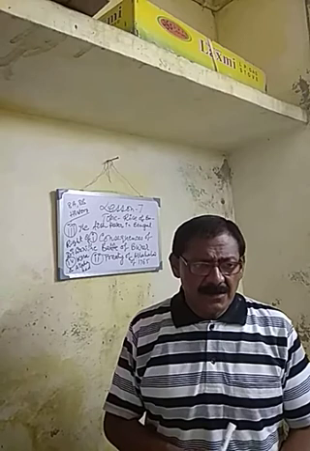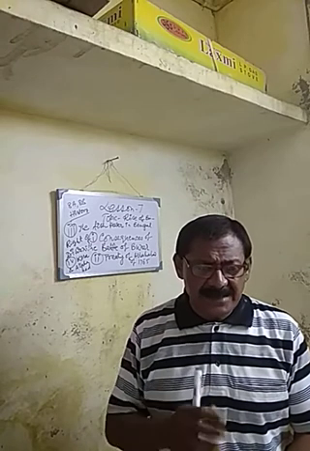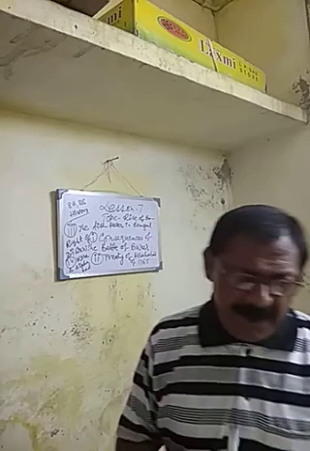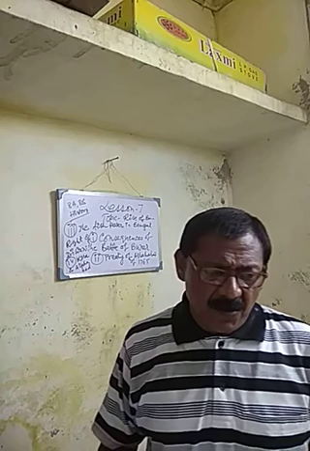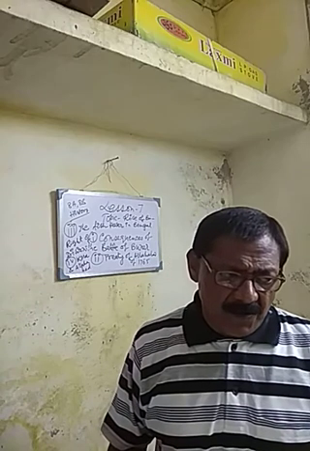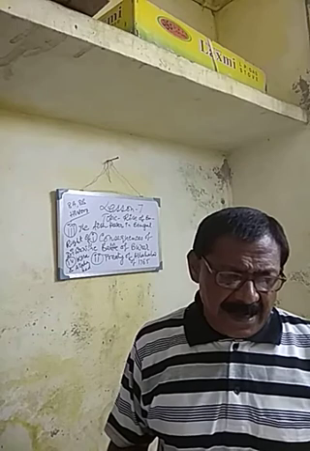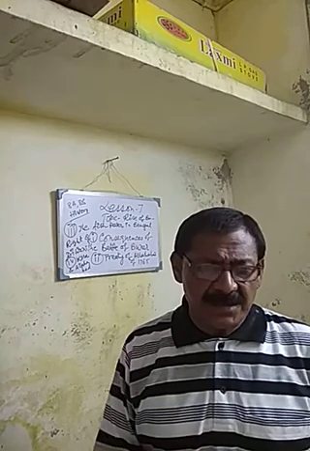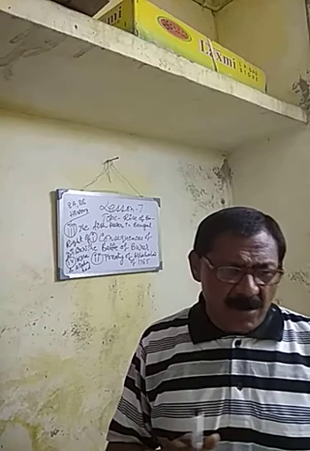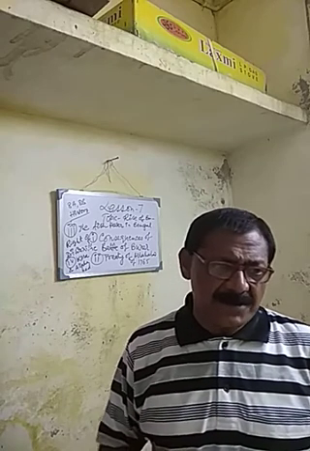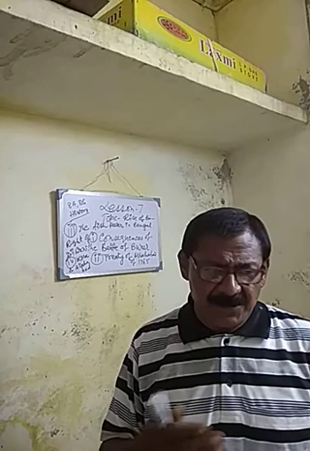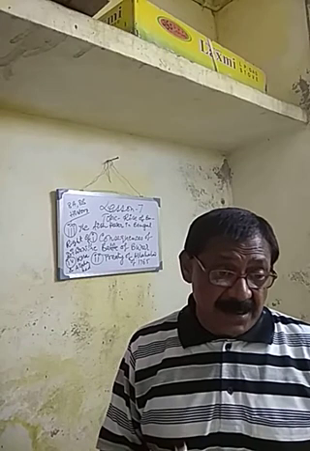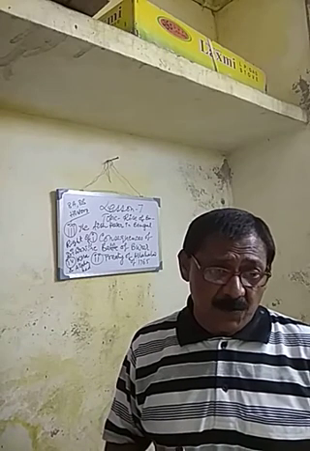Shujauddaula was asked to pay 53 lakhs as war indemnity by the British East India Company. And at the same time, Shujauddaula was also guaranteed by the East India Company protection of his kingdom, his state, from the attack of external powers or foreign invasions, provided Shujauddaula would have to pay a certain amount of money for the maintenance of British forces there.